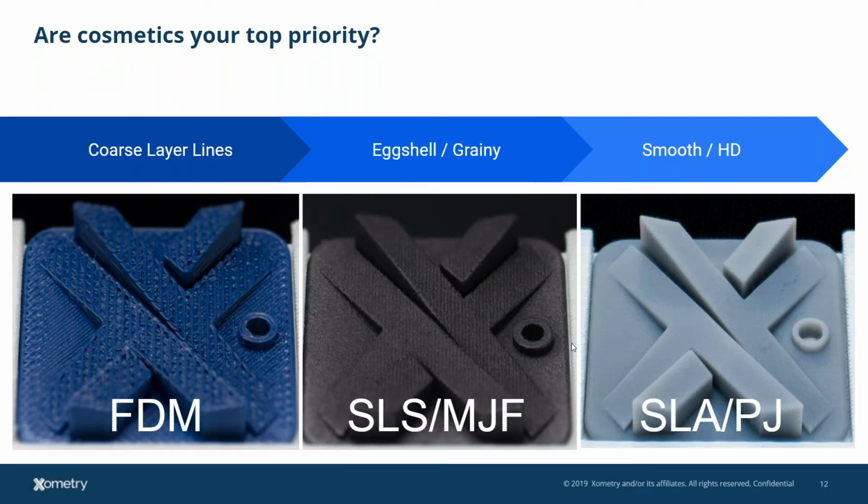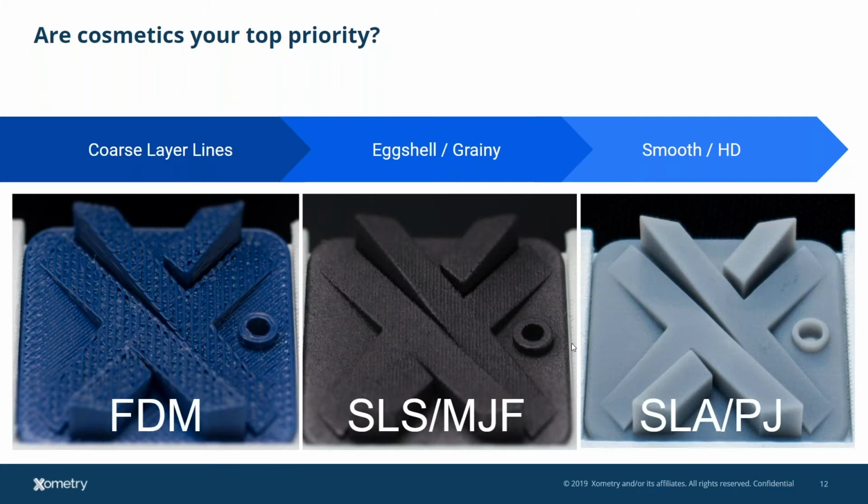You can use some things like media tumble for SLS, but overall you should expect anywhere from that sugar cube to eggshell to the touch. Photopolymers, stereolithography, and PolyJet create parts with a smoother-to-touch finish, smoother than eggshell, and these can also be easily sanded and post-finished to bring them to an even smoother state.